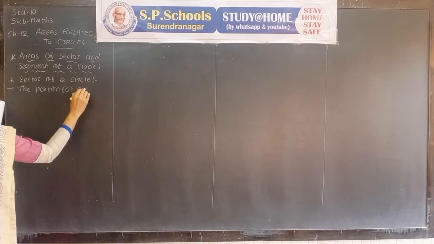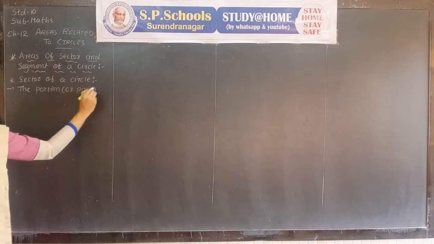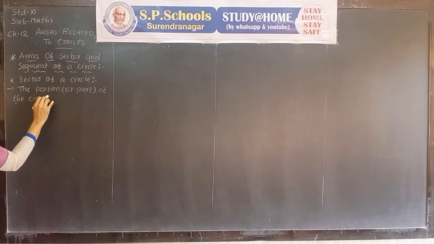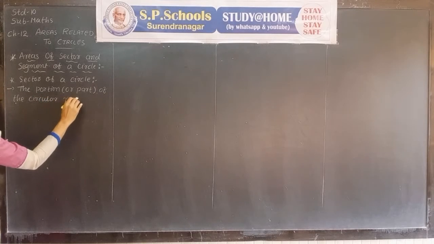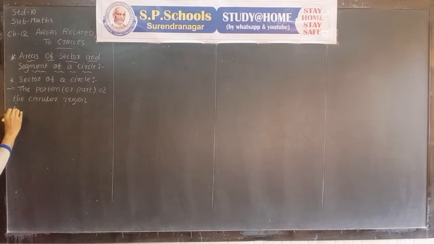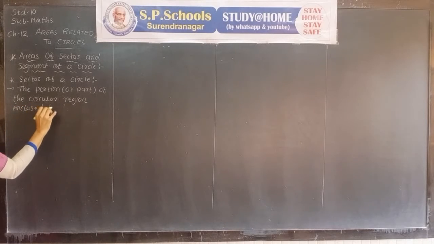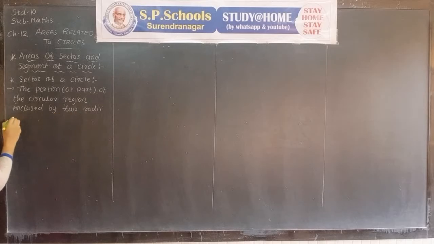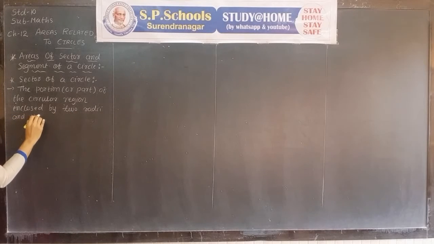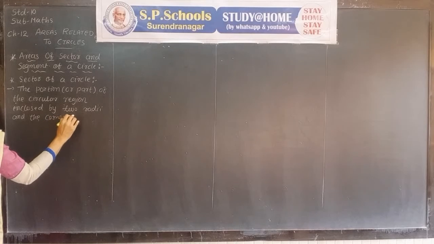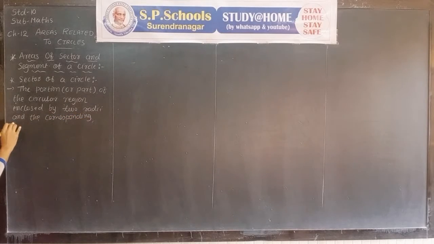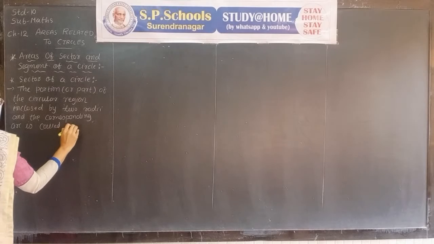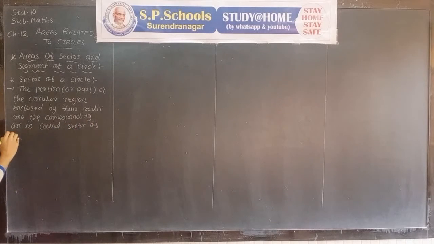The portion or part of the circular region enclosed by two radii and the corresponding arc is called sector of the circle.